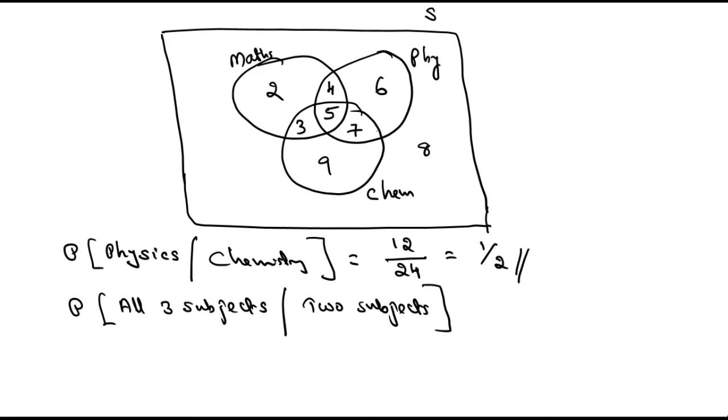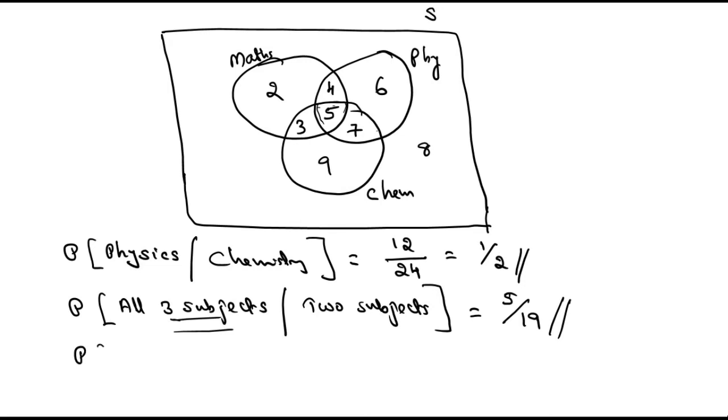Two subjects means this region, this region, this region. So 3 plus 7, 10, 15 plus 4, 19. So this is for two subjects. Now in these 19 students, how many have taken 3 subjects? Here you see it is 5. All 3 subjects are taken in this region. So 5 by 19.